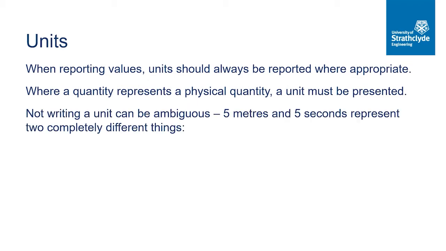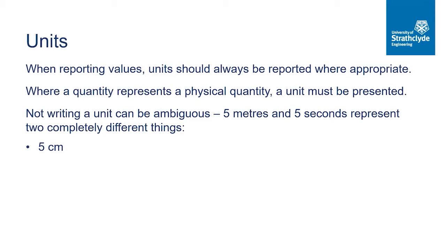For example, if I were to present the number 5, well, the question is, 5 what? Is it 5 meters or 5 seconds? These are two completely different physical quantities. They represent a unit of measurement that indicates a completely separate physical quantity. And those are not the only two units of measurement.